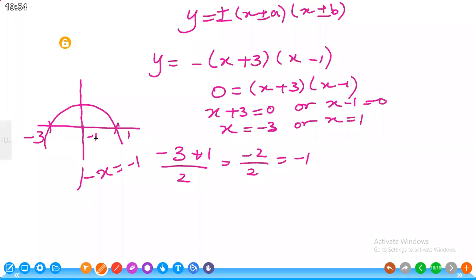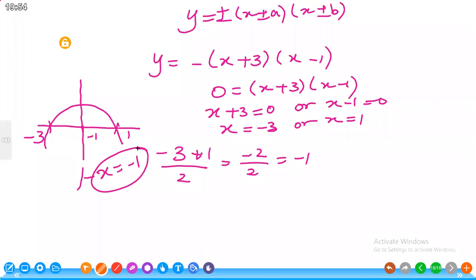Then you have to find the maximum point by substituting x equal to negative 1 in the equation, and you will obtain the answer for y.